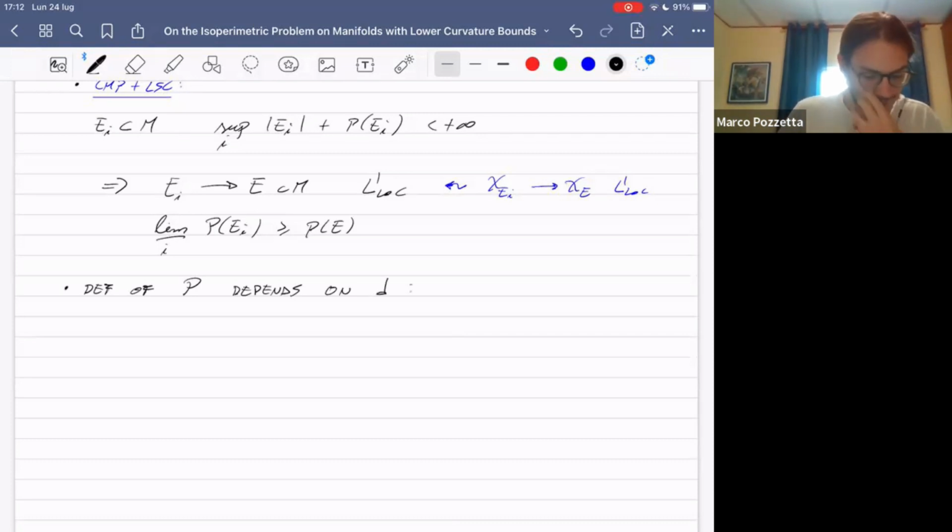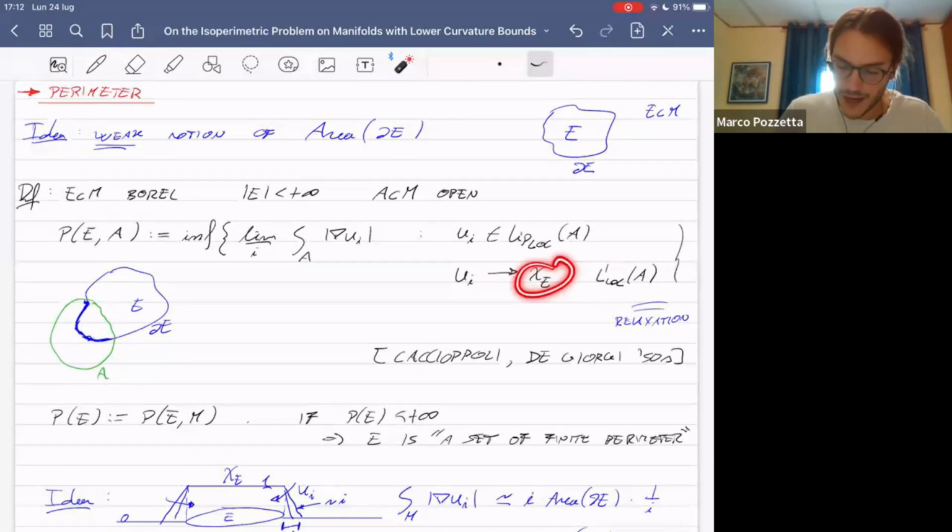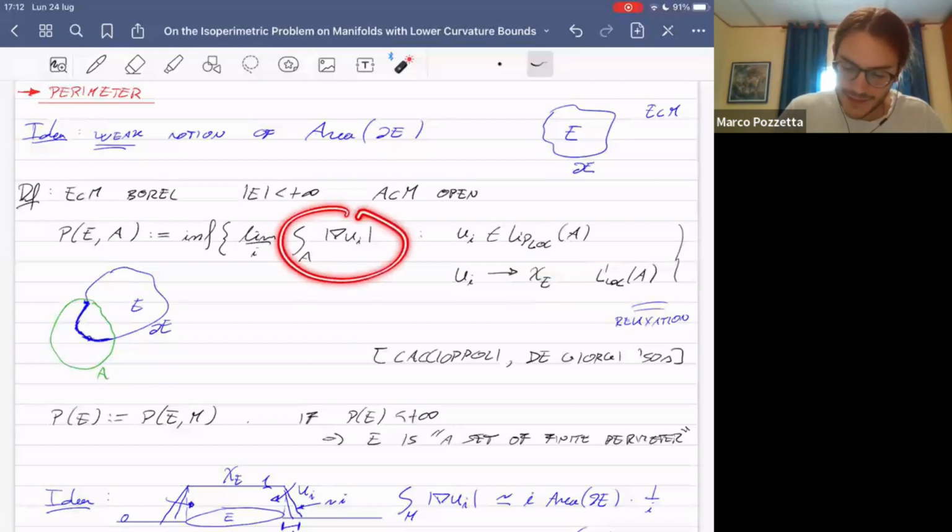What do I mean by this? If you go back to the formula, here I need to approximate a function in L1 loc, so I need a measure on the space, and here I am integrating with respect to that measure the modulus of the gradient.